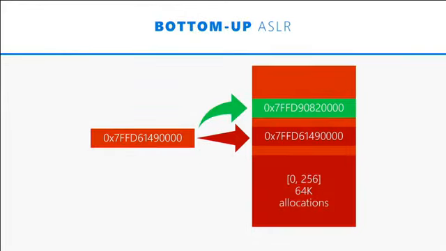So bottom-up says, let's address that by allocating a random number between 0 and 256, 64K allocations of memory that are also in the way. And because it's randomized, I don't know where you're going to end up. It's whatever spot happens to be next, to inject additional randomization in where those things get put in place.